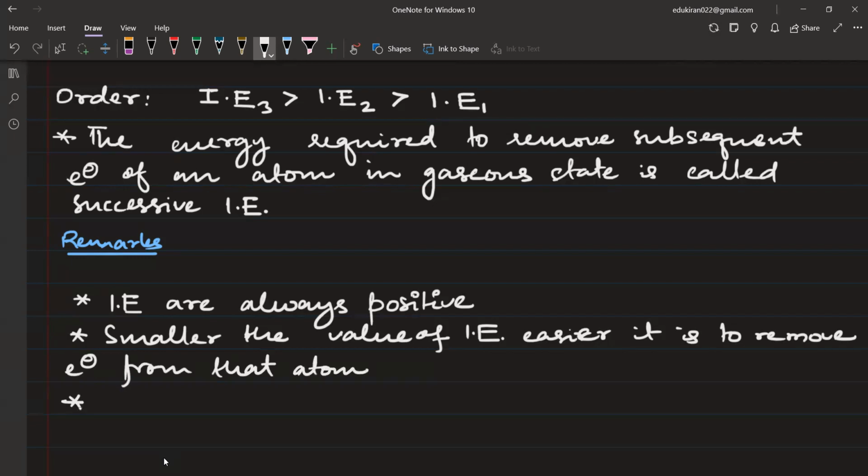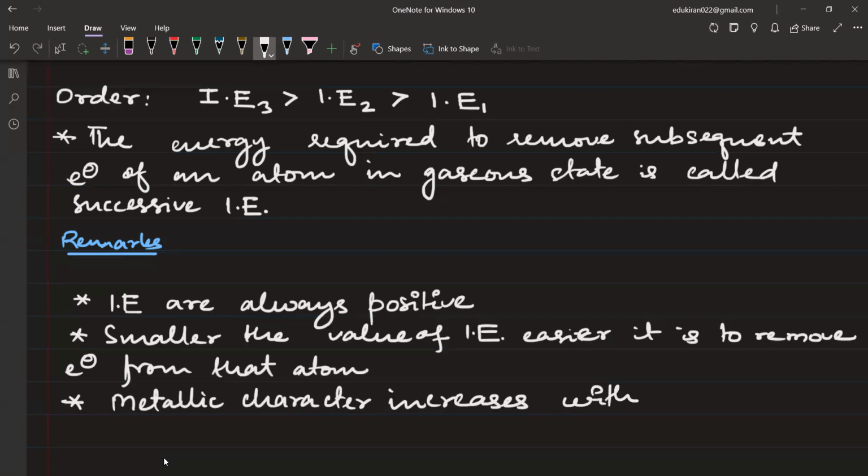Right, the last point. Metallic character increases with decrease in ionization enthalpy.